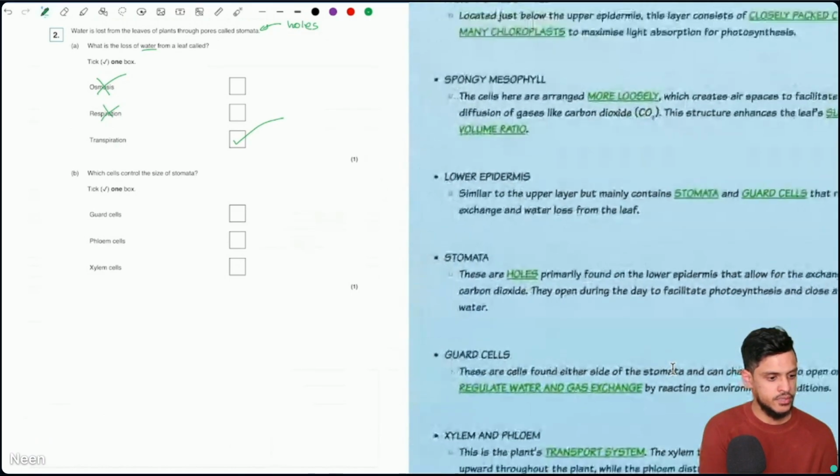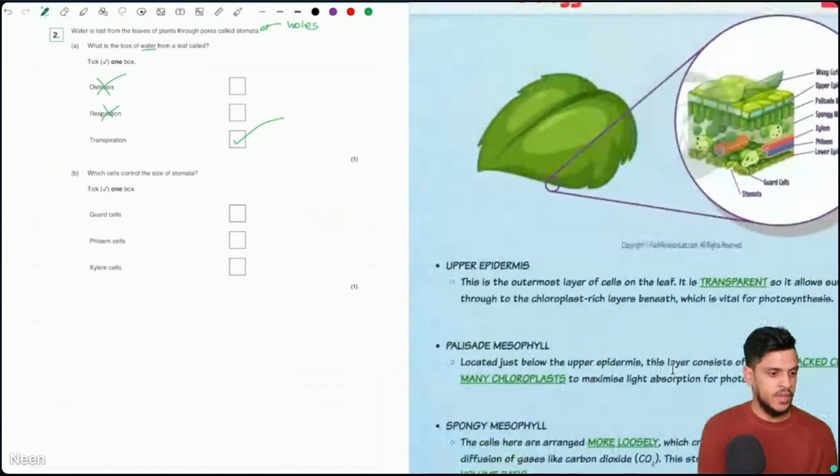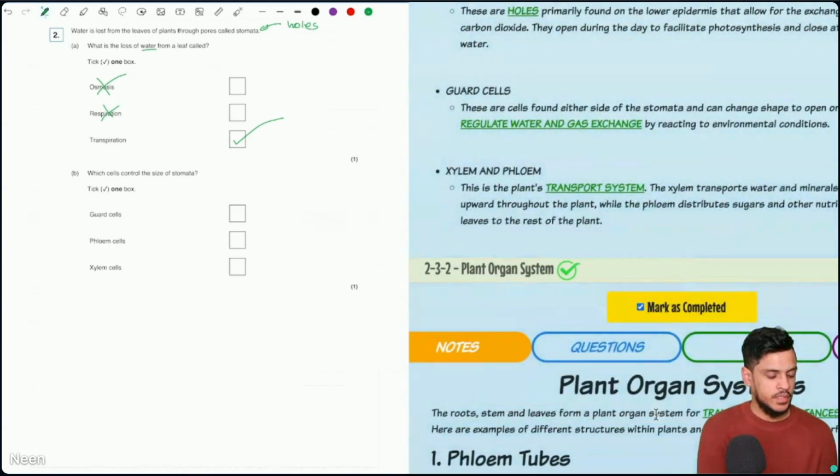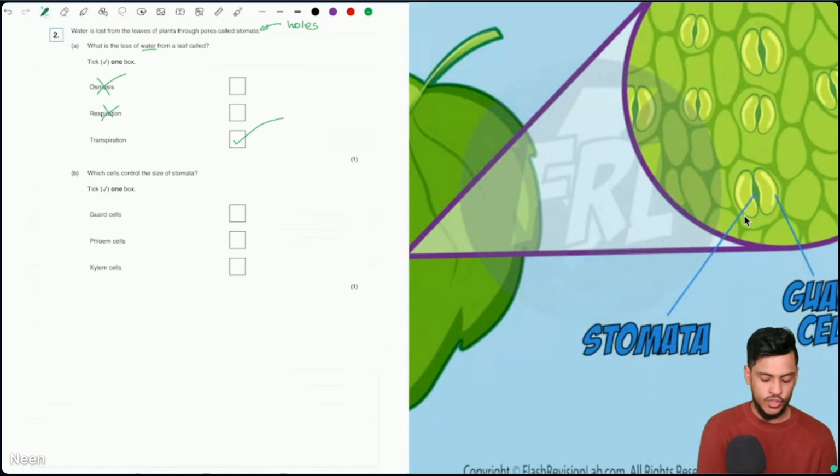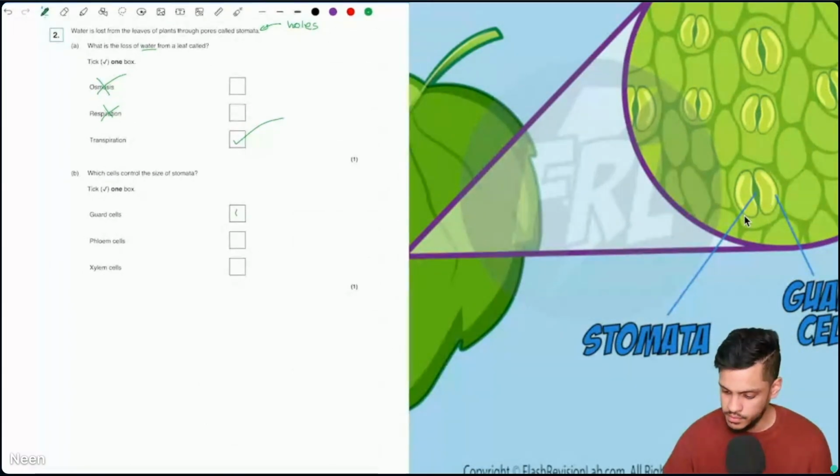Guard cells. So you got guard cells around the stomata, which open and close. See that? If you zoom into a leaf, you get all of your stomata. And then surrounding the stomata are the guard cells, which can open and close. That's that one.